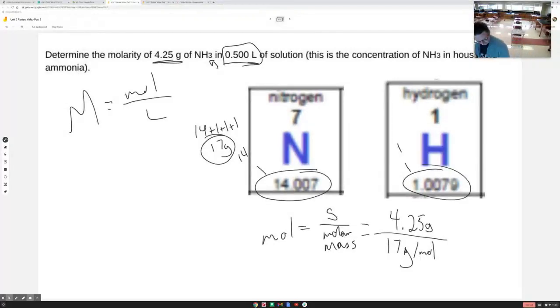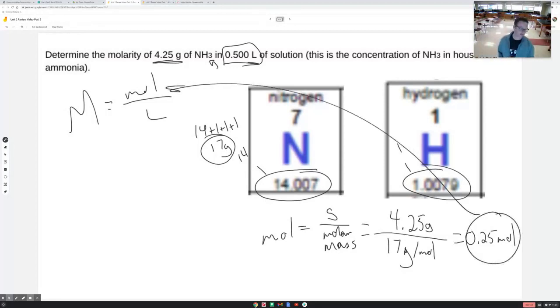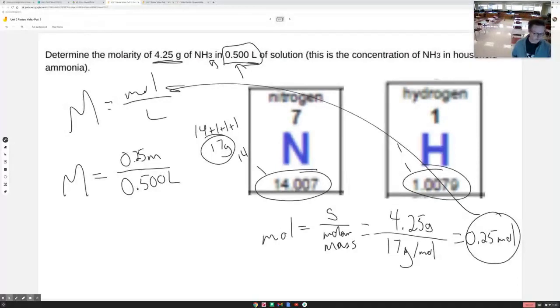That comes out to 0.25 moles. Okay, so now that's not the answer, but now I can take that and put it into my numerator. Molarity equals moles, which we said is 0.25 moles. And we have the liters, which was given to us as 0.5. So we do 0.25 divided by 0.5, which is 0.5 molar.